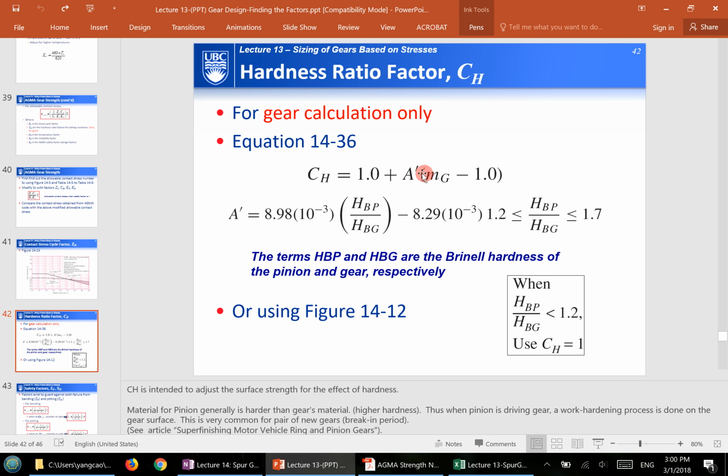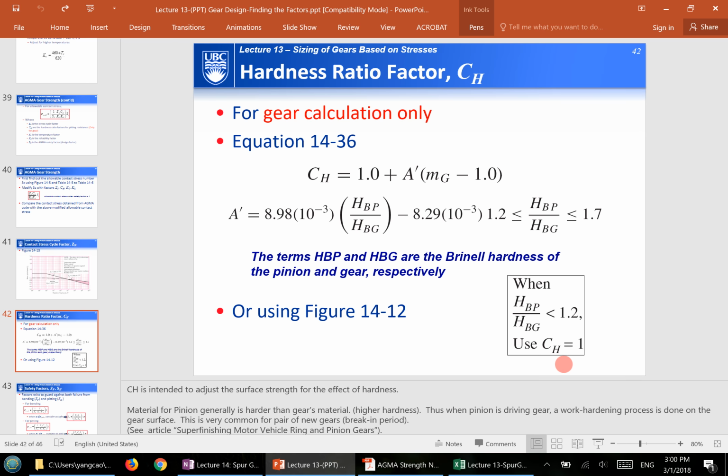And the formula is given in 14-36. It's purely based on a ratio between the hardness of the pinion and the gear. So if this hardness ratio is between this much, then you use this value here. If this hardness ratio is less than 1.2, let's say you choose the same material for the pinion and the gear, then this CH value will just simply be 1.